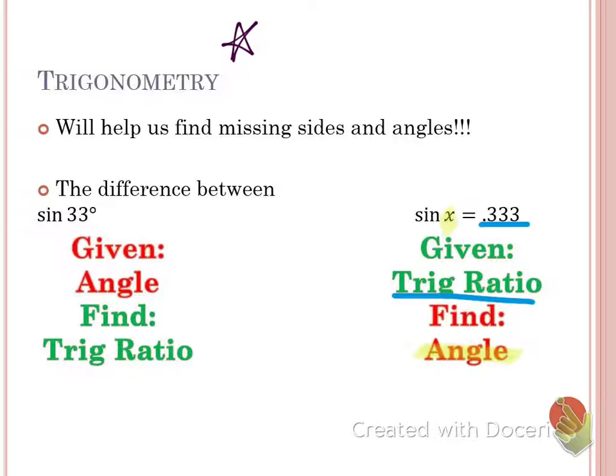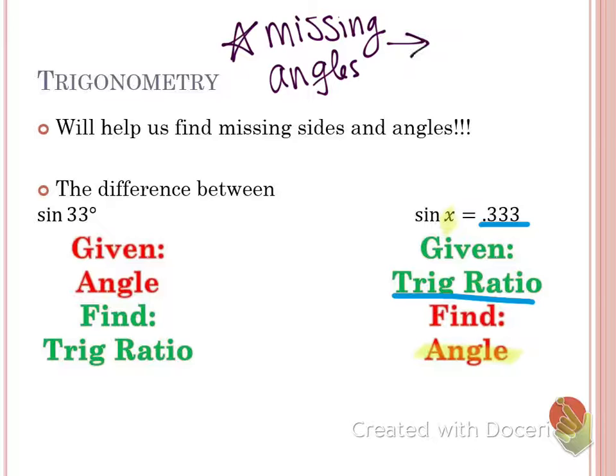And I'll have you write down and highlight something. Missing angles. I'm trying to abbreviate just to save you some time. But for missing angles, you will use the inverse.